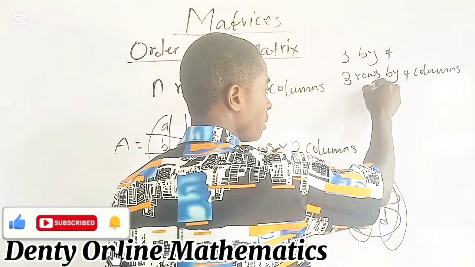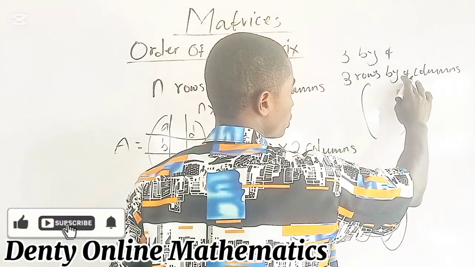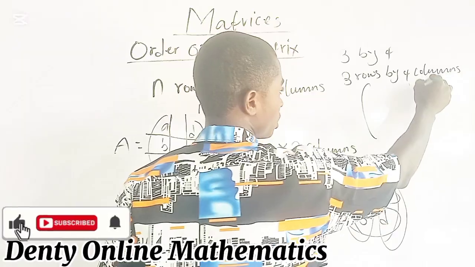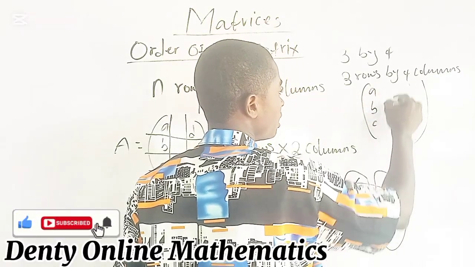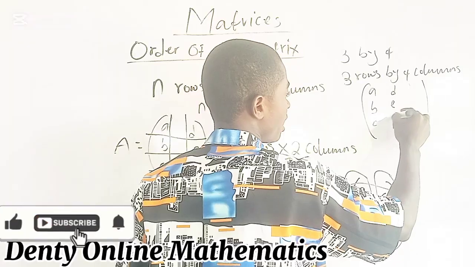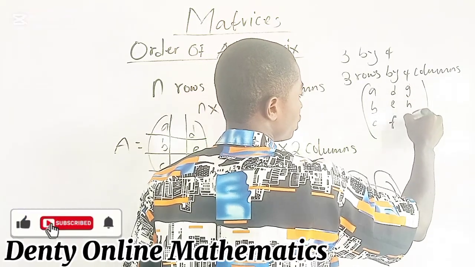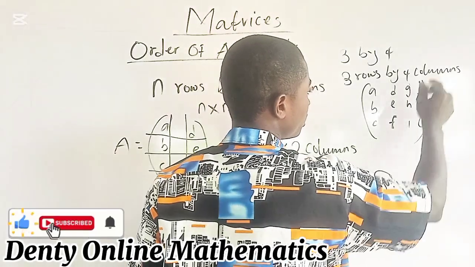So if you want to bring out the matrix, for example, remember, you're going to have 4 columns. Take note of that. So you can have A, B, C, D, E, F, G, H, I, J, K, L.